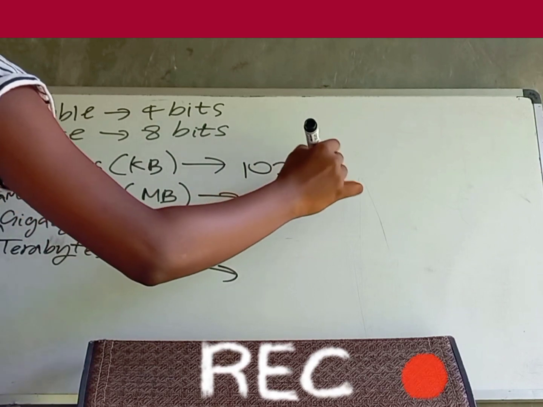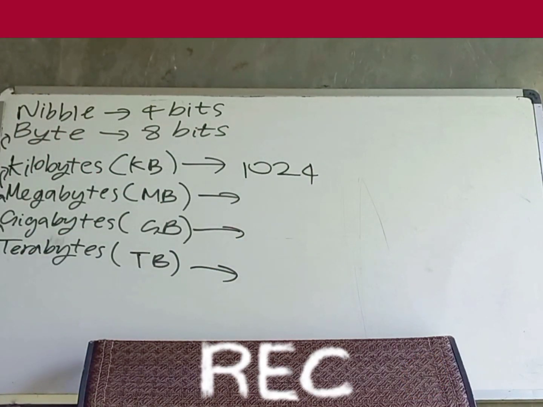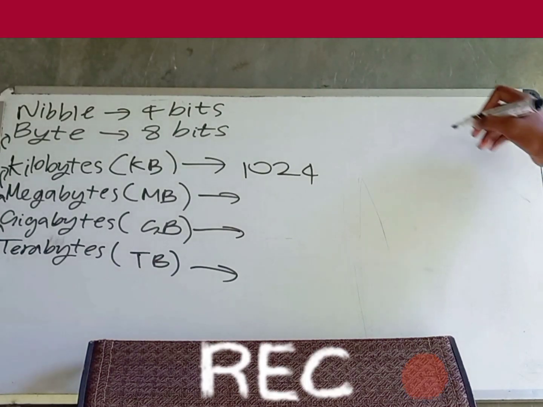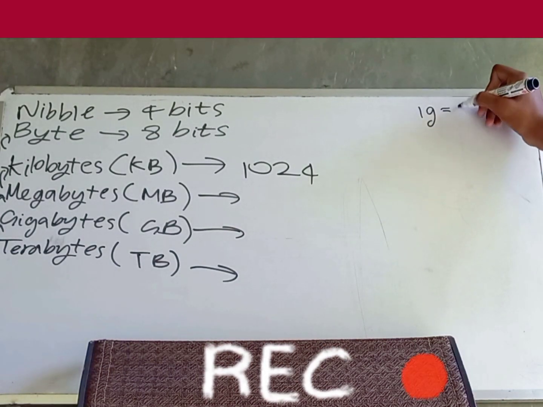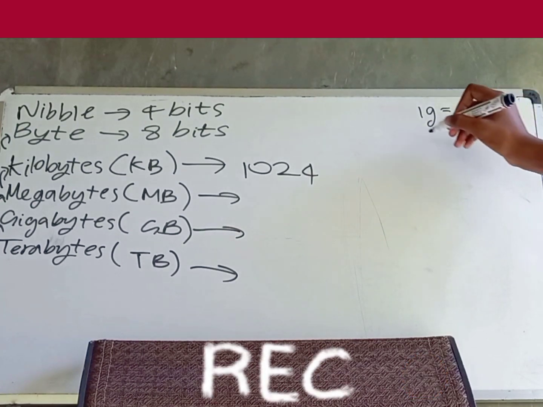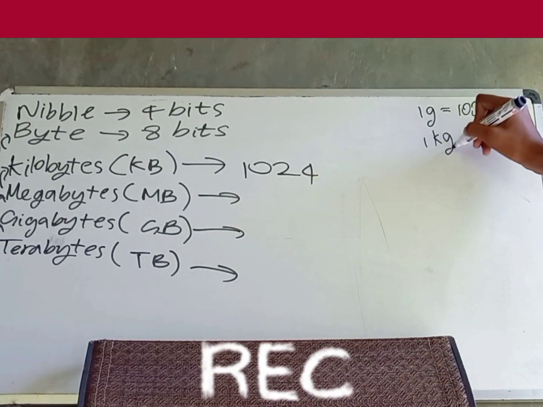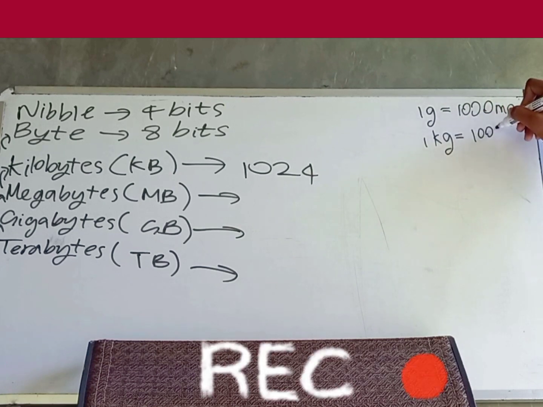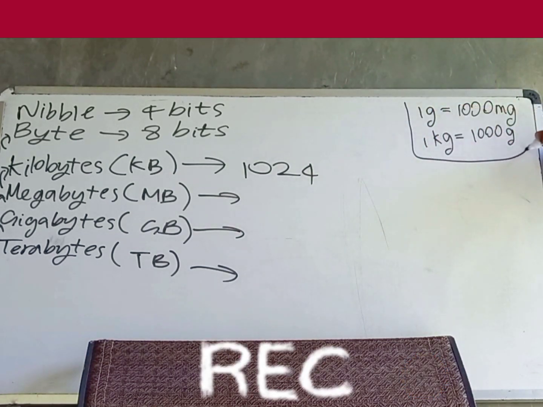So, like when you take grams, 1 gram equals 1000 milligrams, while 1 kg equals 1000 grams. This is the metric conversion.